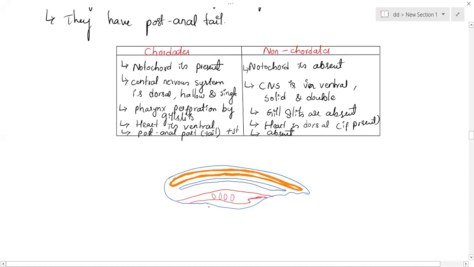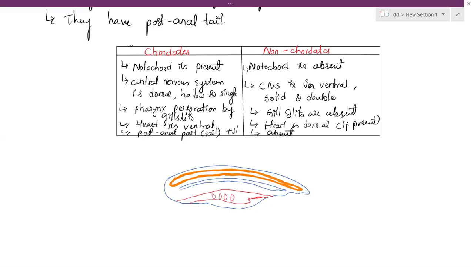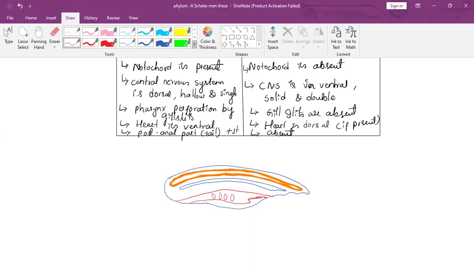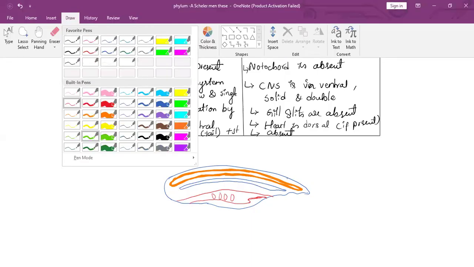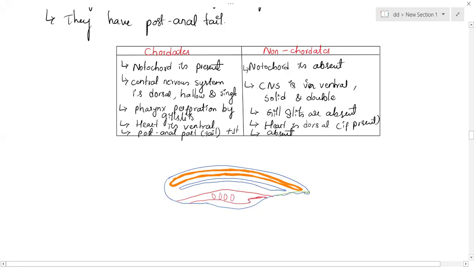Okay, this is the gill slits. And this is the end, I'll write it in green so that you'll understand. This end part is the post-anal part.